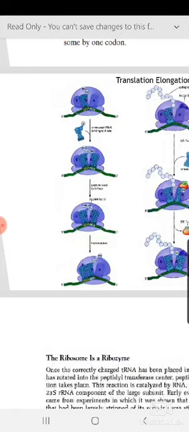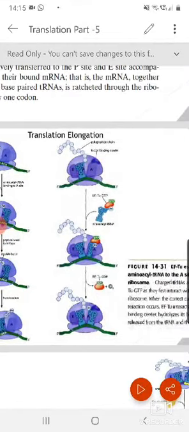These are the three steps, but if the question comes, you need to discuss these three steps with the proper mechanism, how this entire mechanism is happening with the help of some other translation factors. These factors are also named elongation factors, EF.